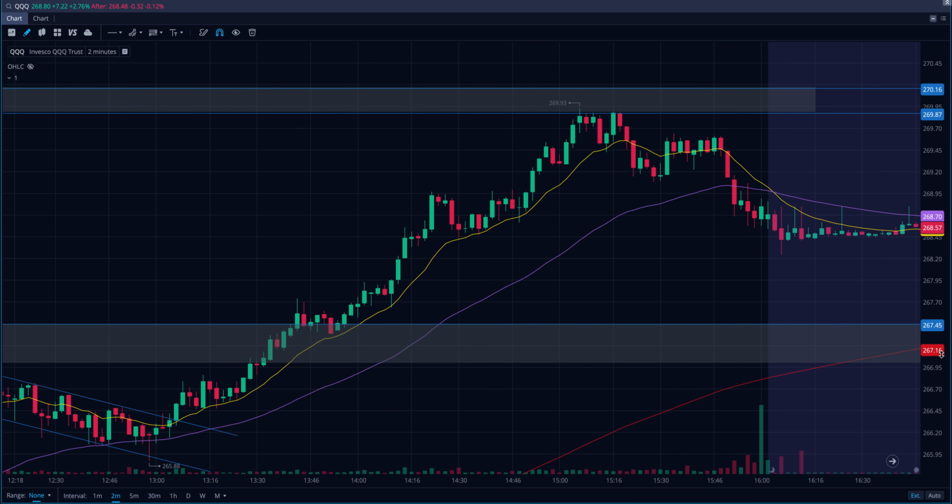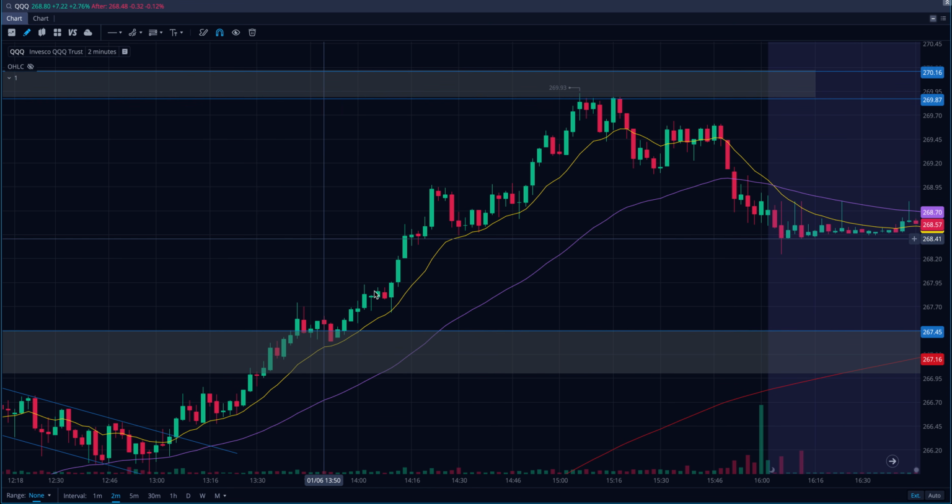Now, to be safe and be smart, of course, I'm selling on the pops and scaling out. But I'm also re-adding on the dips. This can be scary and hard to get used to at first if you're not used to trading the trend or having a system. But I know how well this 13 EMA is respected in a trend.